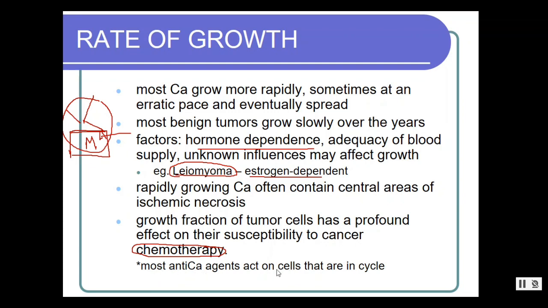They attack a specific cycle in the mitotic stage of your tumor. For example, if you remember, there's a G1 phase, an S phase, and the G2 phase. Usually, most anti-cancer agents attack the M phase, the mitosis phase of the growth of your tumor.